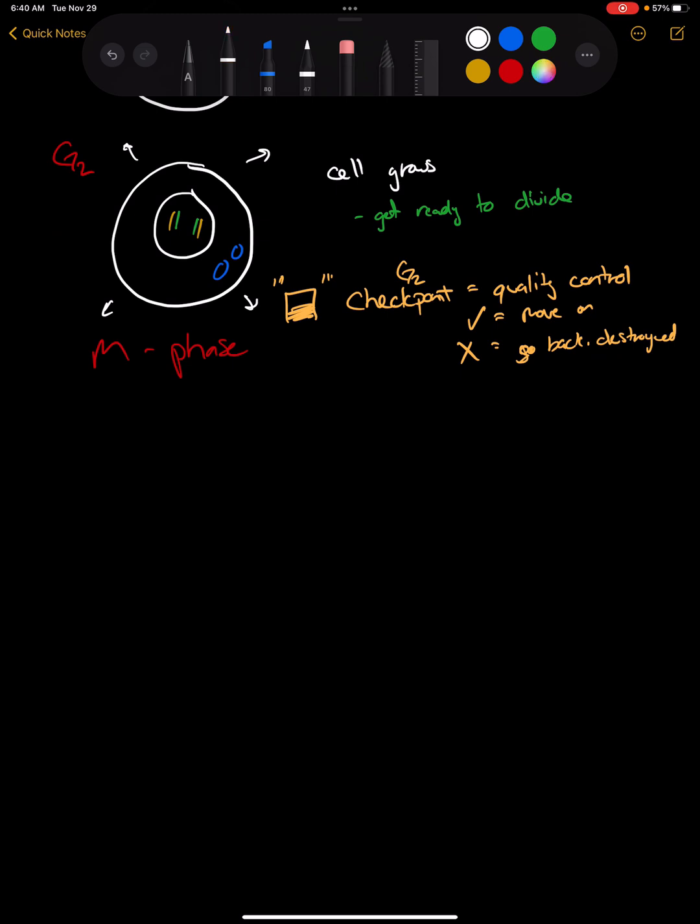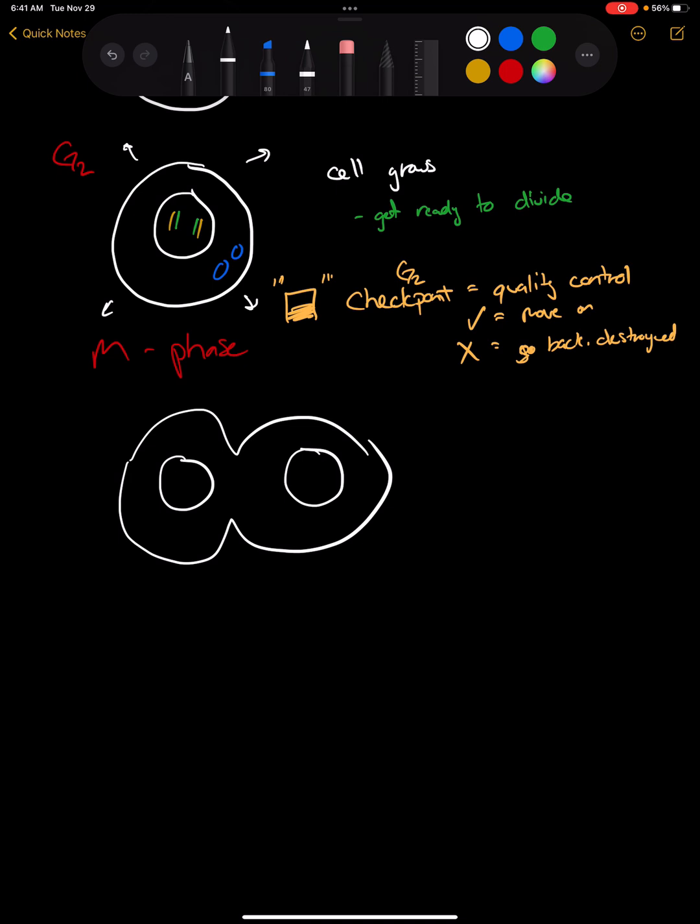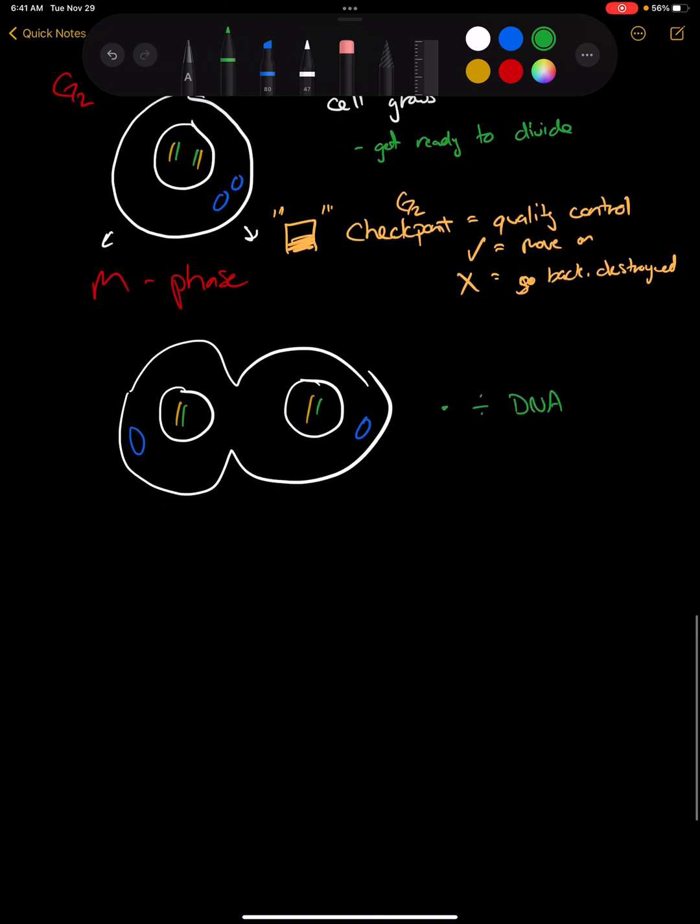We're going to go through M phase another day, but literally what happens is your cell starts to split. So I've made 2 nuclei. I'm going to put an organelle on either side. I have DNA in both cells. The entire goal of M phase is to divide my DNA.